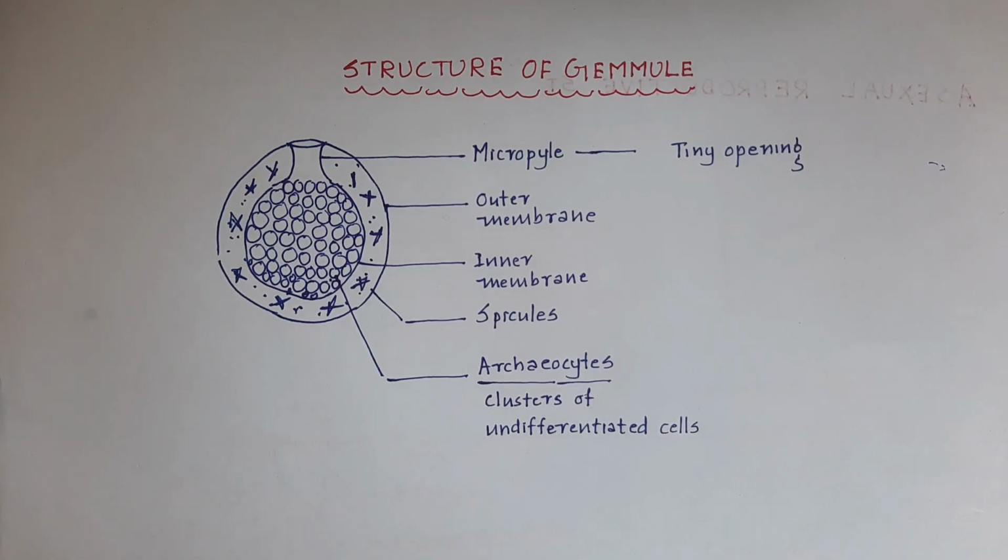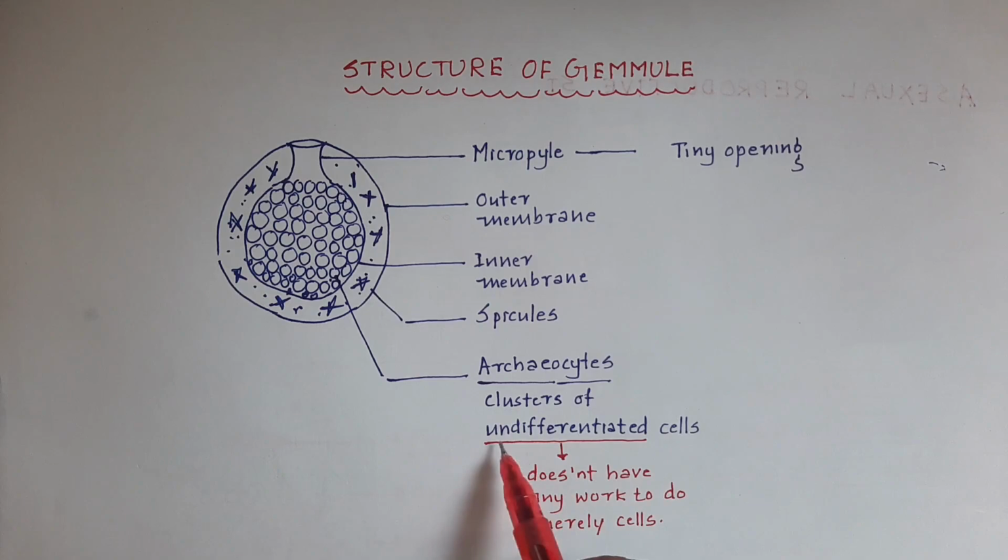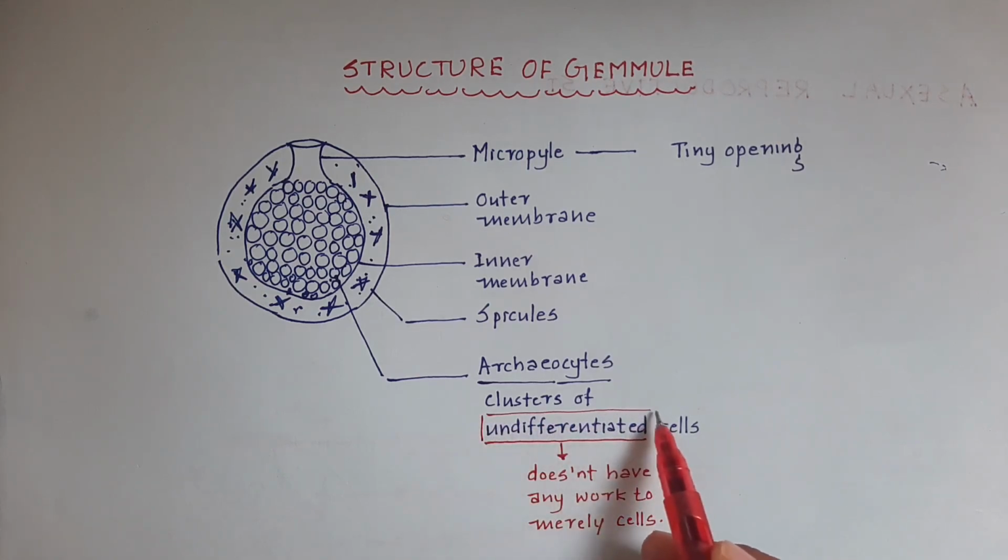What do we mean by undifferentiated? It means they don't have any specific work to do. In a sense, they are merely considered as cells. That's why these are undifferentiated cells.